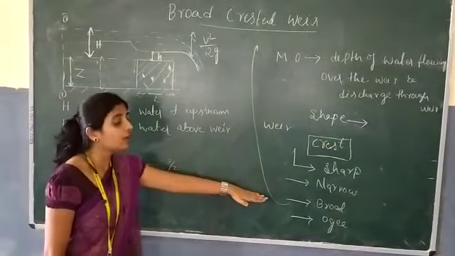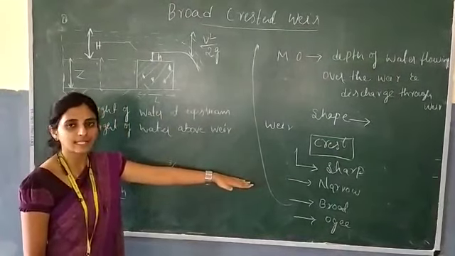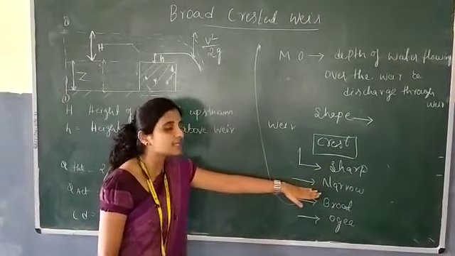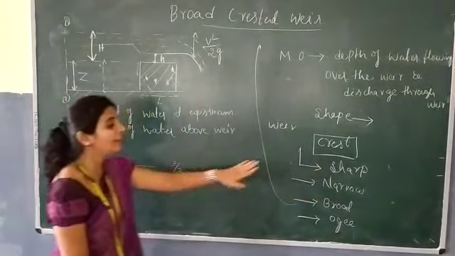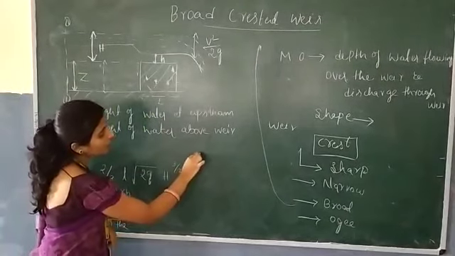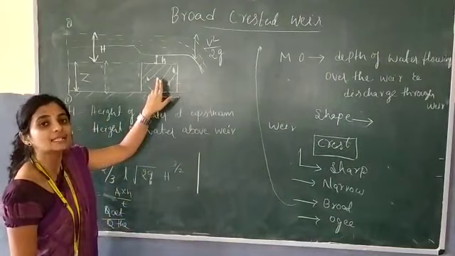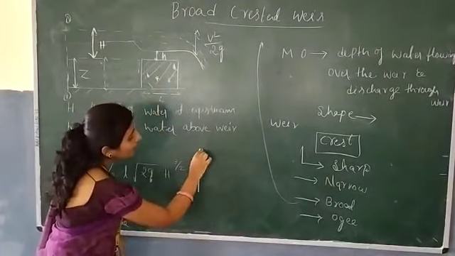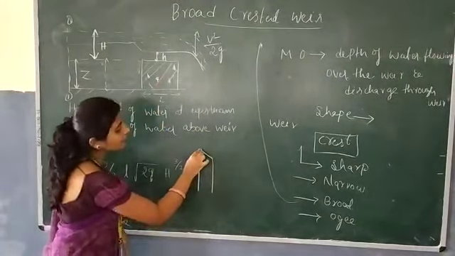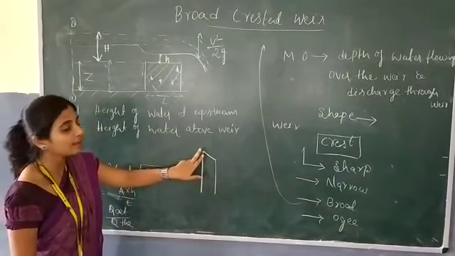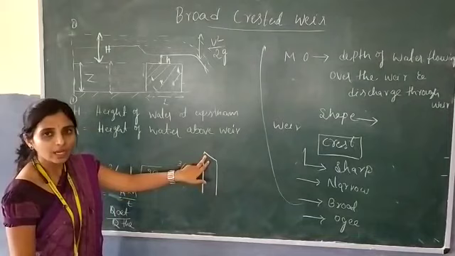But where do you apply the broad crested weir, and where do you apply the sharp crested as well as the narrow crested? First I will go to the sharp crested. Whatever the obstruction, the masonry structure, the tip of it, the corner, will have a sharp edge.